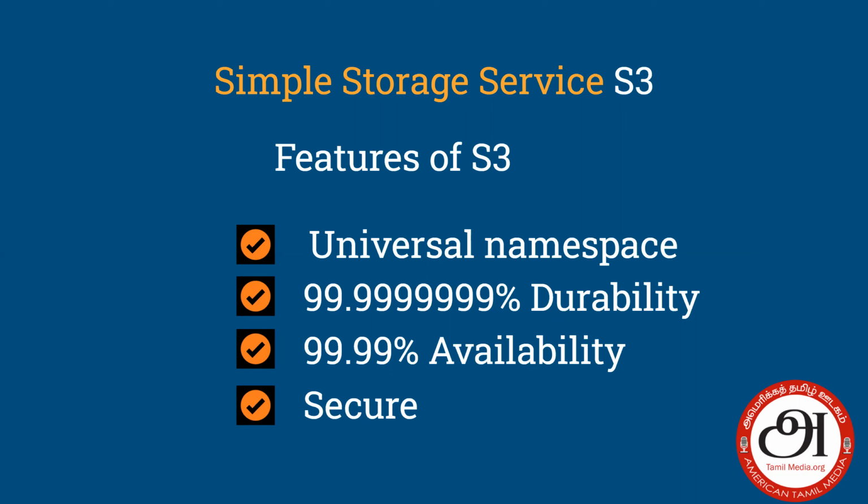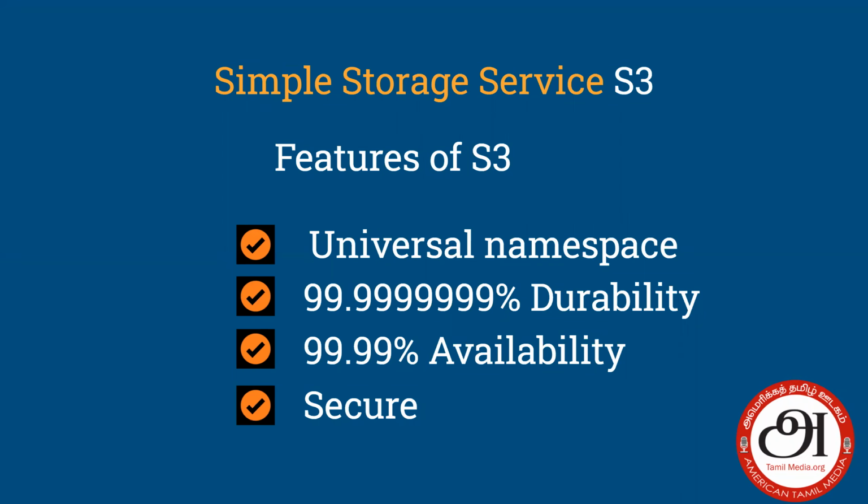The file that you store in S3 is highly durable. It's up to 11 nines, 99.999999999%. There is an analogy: the chance of one file getting lost is out of 1 billion files, I think.